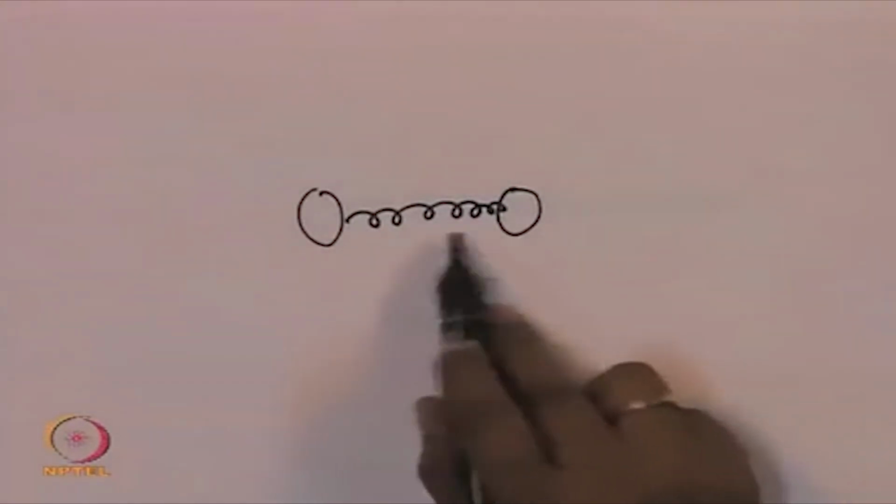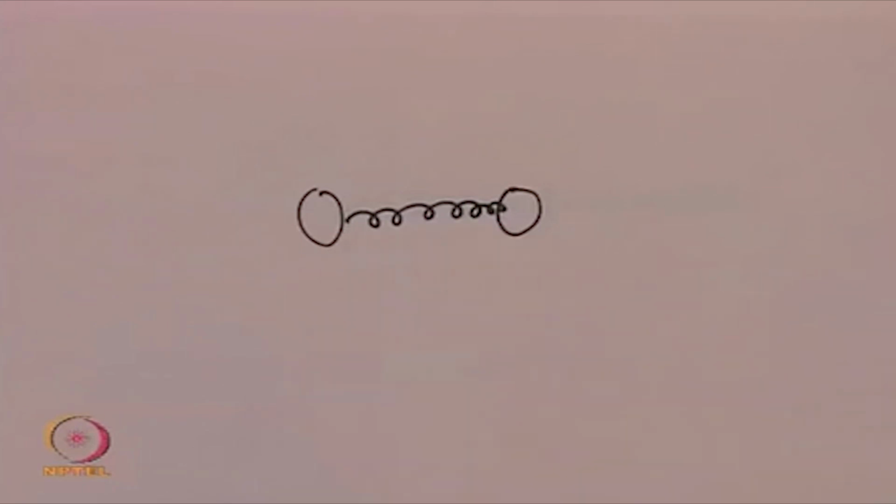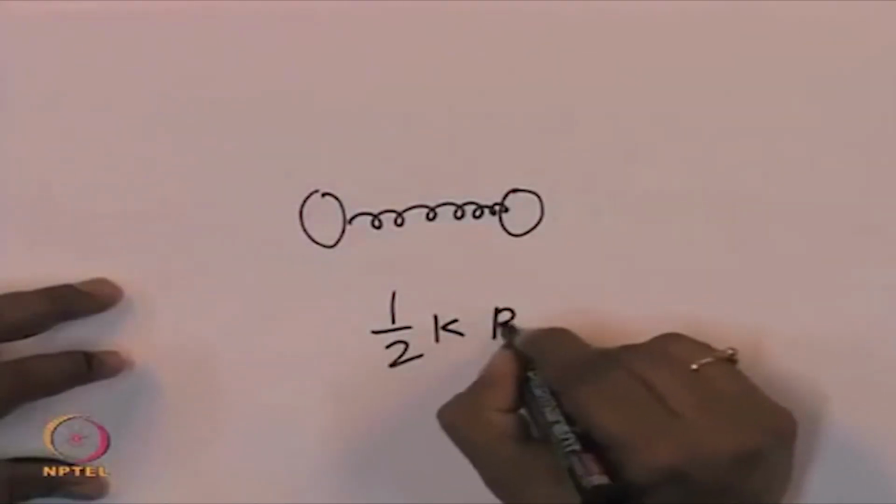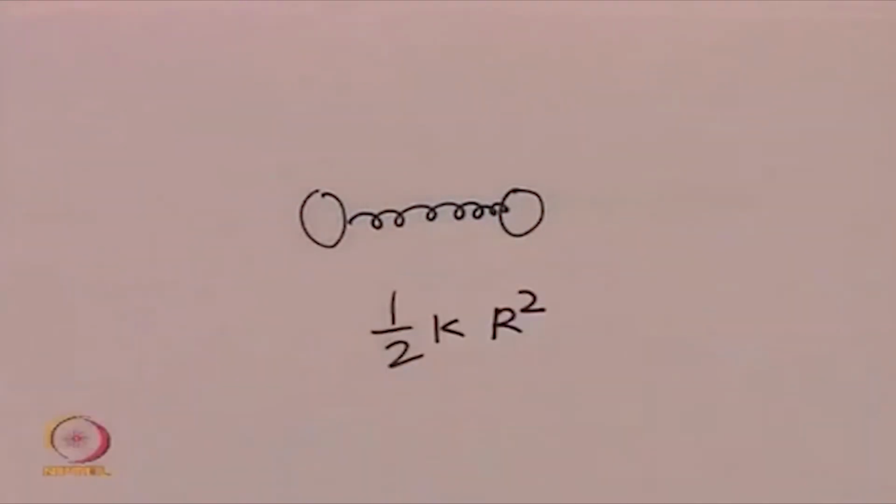Two balls you can think of as two atoms, interacting by some kind of spring-like interaction. Now, you know that the energy for this system has to be half k r square. This is the spring energy.